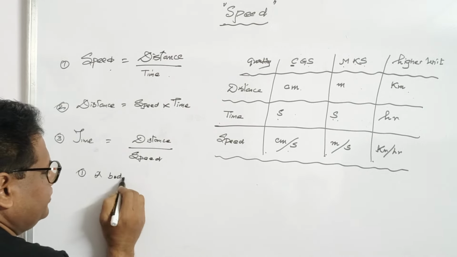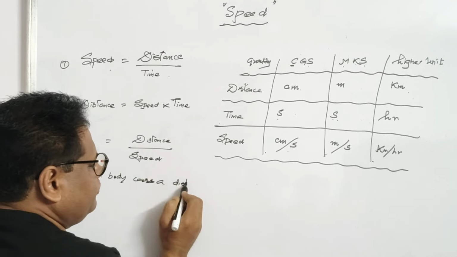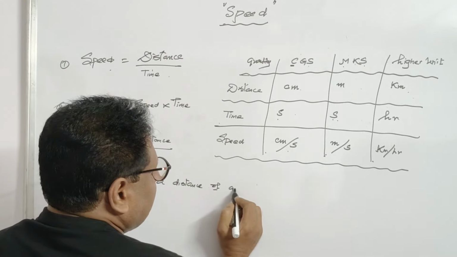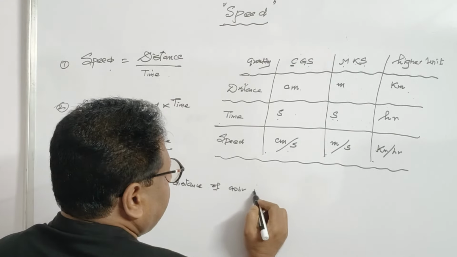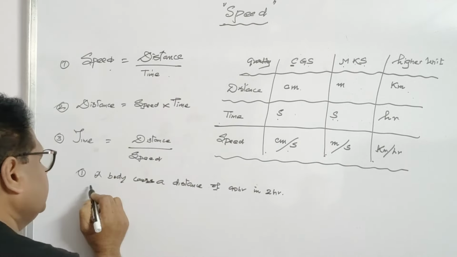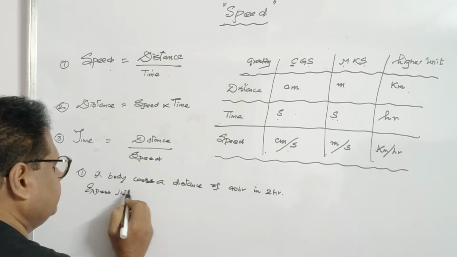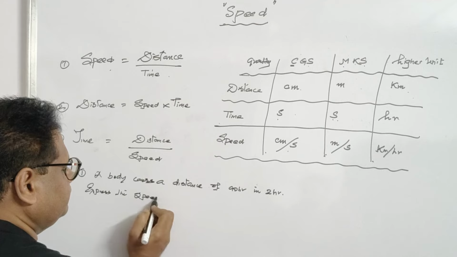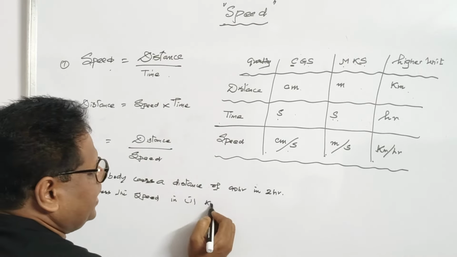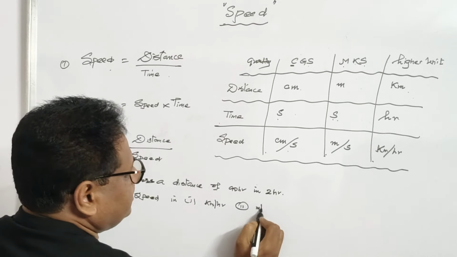A body covers a distance of 90 kilometers in 2 hours. Express the speed first in kilometer per hour, second in meter per second.